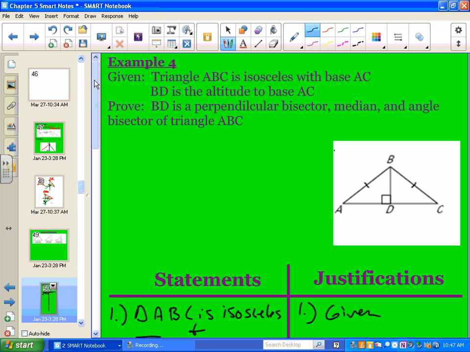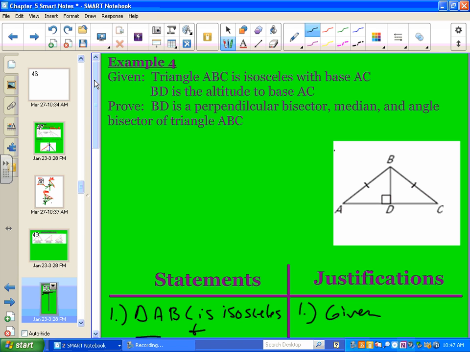In an isosceles triangle, what angle is between the two congruent sides? Pierce. Yes, it's the vertex angle. The vertex angle is between the two congruent sides in an isosceles triangle.